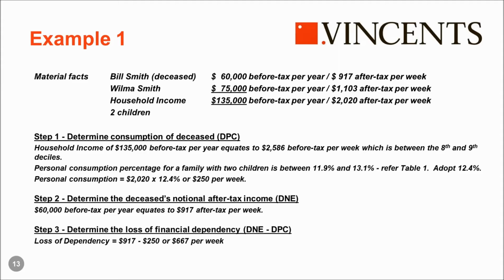Now I think the important part that should be taken from this is that we're looking at this and we're saying that our estimate of personal consumption is $250 per week.